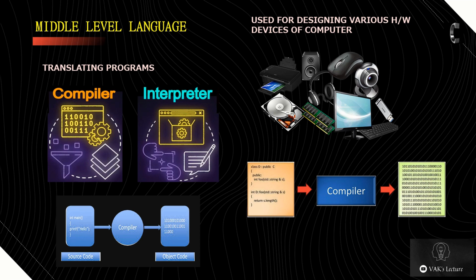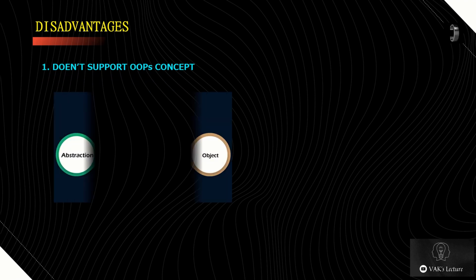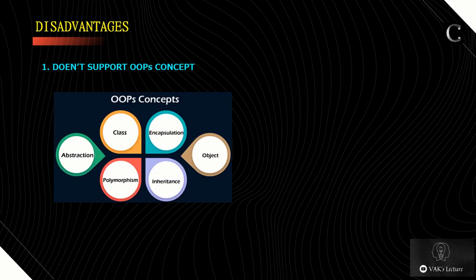Now we will see some of the disadvantages also. So the first one is that it doesn't support the OOPS concept. OOPS means object-oriented programming, which has additional and powerful features like encapsulation, object inheritance, polymorphism, abstraction, class, etc. All these concepts are not supported by C, and C language is procedure-oriented programming, so it doesn't support object-oriented programming concepts.